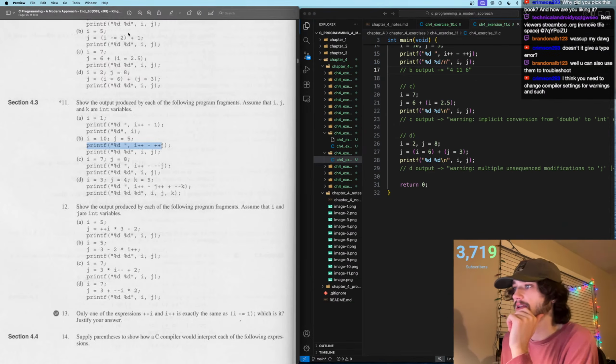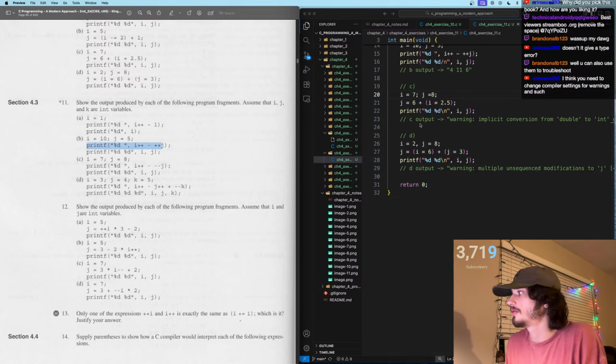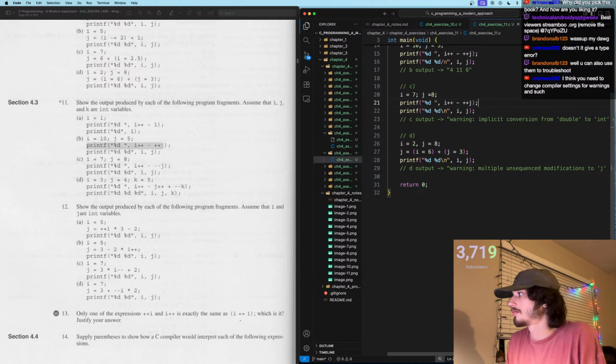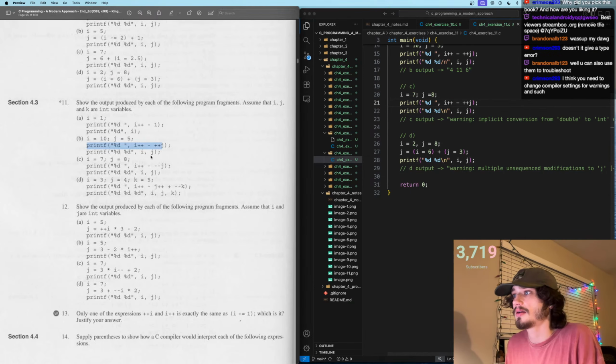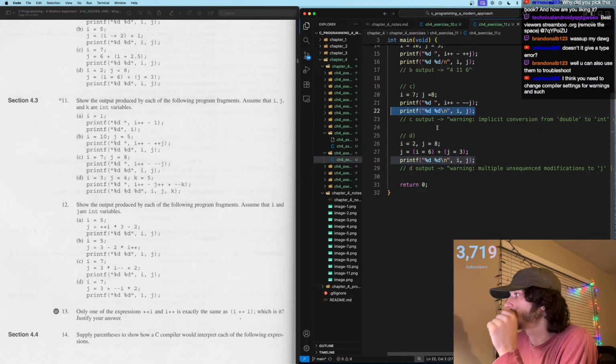Okay, C. We do i is equal to 7, and j is equal to 8. And then we do this printf("%d", i++ - j - --j). And then we insert i and j here.